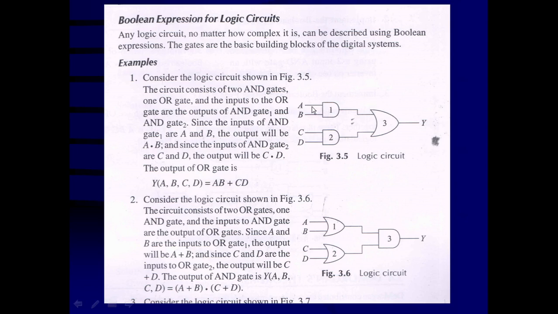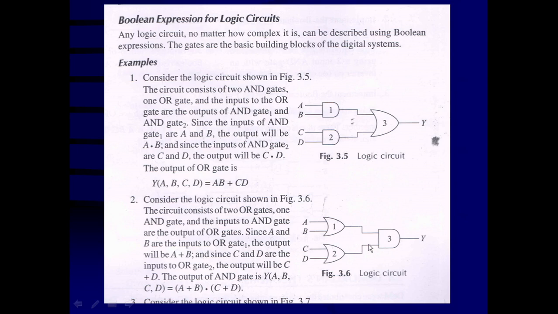One AND gate has the inputs A and B. Another AND gate has the inputs C and D. So what is the output of the first AND gate? A dot B. What is the output of the second AND gate? C dot D. And these are the inputs of the OR gate. So the output, A dot B or C dot D, is the Boolean expression for this logic circuit.